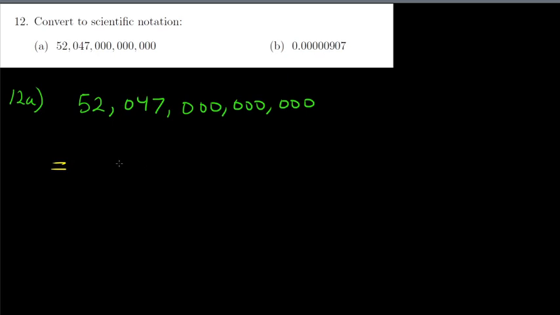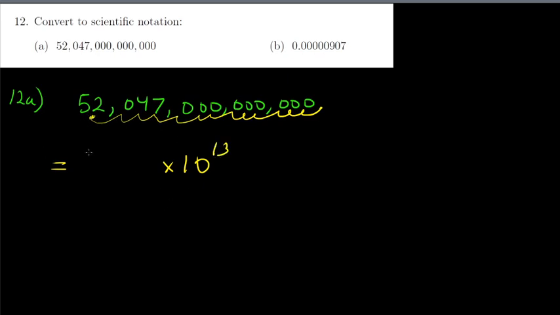So we know this is a big number, so this is going to be something times 10 to a positive number. That number, that exponent of 10, is just the number of times we move the decimal place. 1, 2, 3, 4, 5, 6, 7, 8, 9, 10, 11, 12, 13, right? So 10 to the 13.